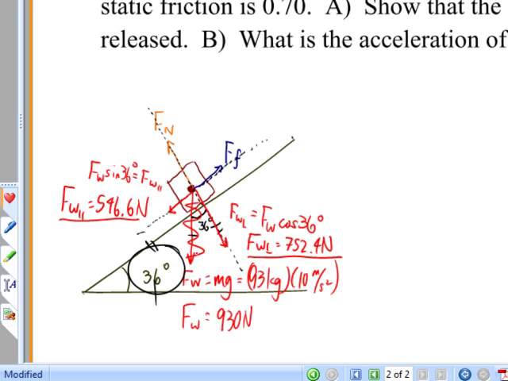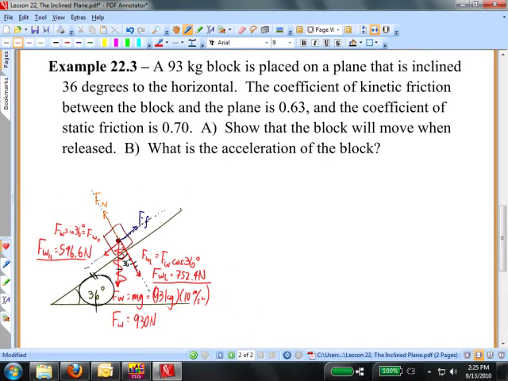Well, what is the frictional force? Well, it's the coefficient of friction times the normal force. And in this case, since we're talking about static friction, then we're going to use the static coefficient of friction in order to make that calculation. But what is the normal force? Well, I can look at my force diagram, and I can see that the normal force acting in one direction is balanced by the perpendicular component of the weight.